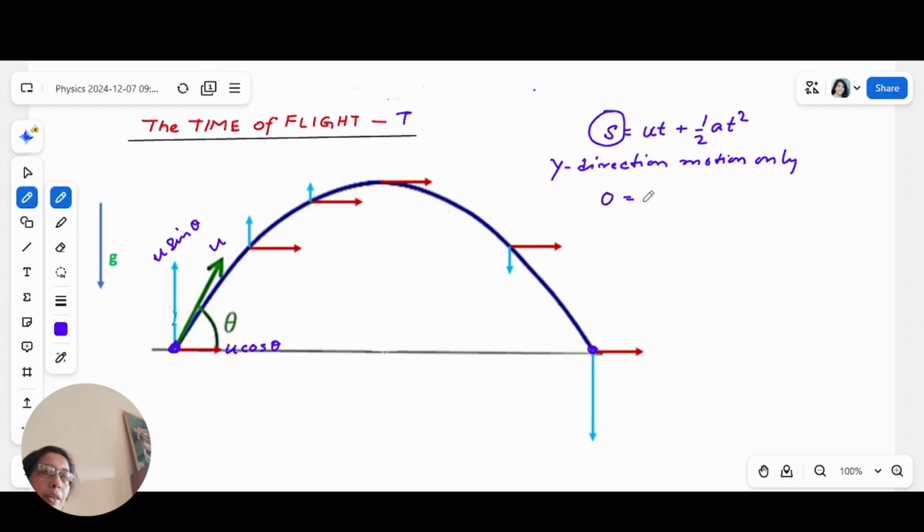The initial vertical velocity being u sin theta, it will be u sin theta into t, where t is the time of flight, that is capital T. We are denoting the time of flight by capital T. The acceleration is directed opposite to motion, so a will become minus g, and hence we can write minus half gt square. So this equation can be reduced to T is equal to 2u sin theta by g.